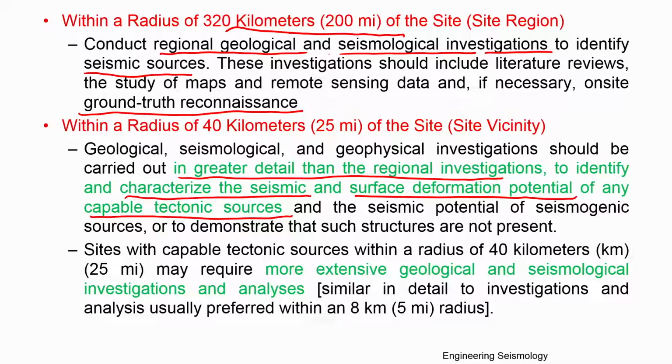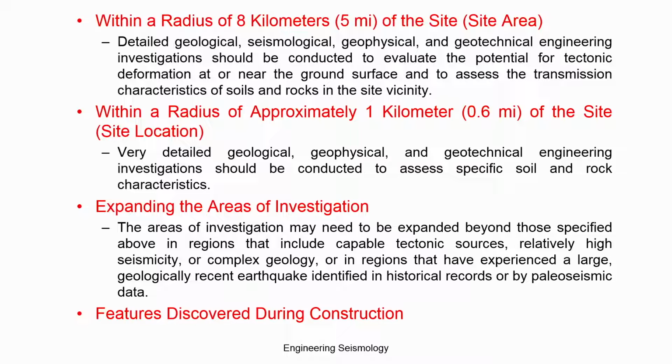So a site with a capable tectonic source within the radius of 40 kilometer may require a more extensive geological and seismological study. If you find that there is a potential seismic source, then you have to take up a further detailed investigation, again at another scale, like 5 miles or within the radius of 8 kilometers.